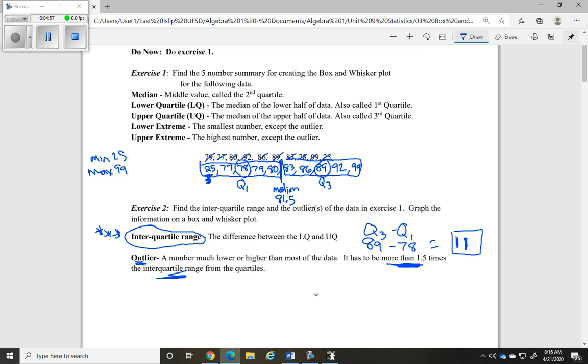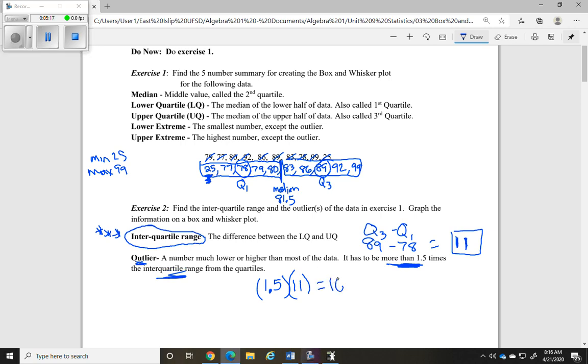More than 1.5 times the interquartile range makes it too far away. So what is 1.5 times 11, since that's what our interquartile range is?